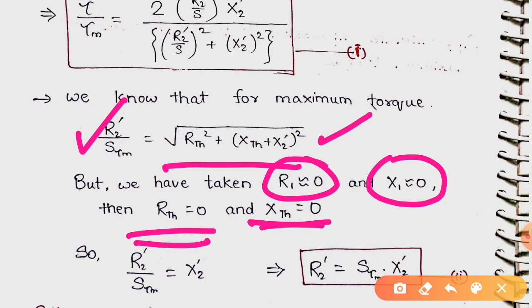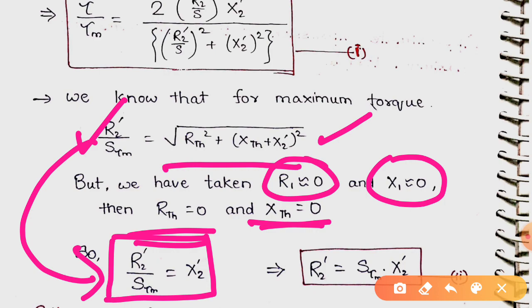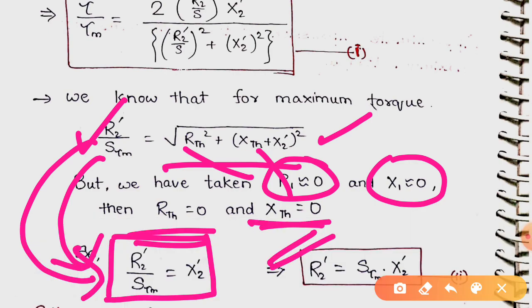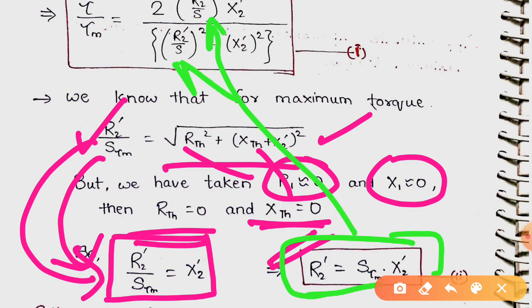So the above relation simplifies to R2 dash upon S tau m is equal to X2 dash, or R2 dash is equal to S tau m into X2 dash. Now we put this value of R2 dash in the above relation.